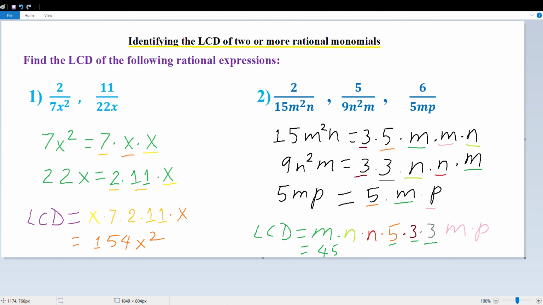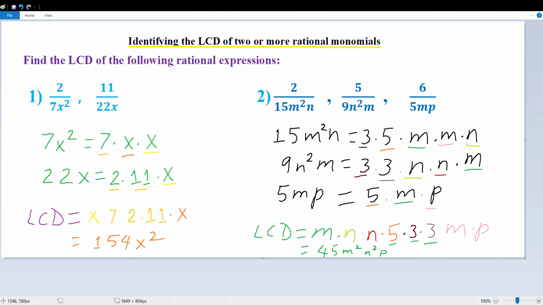Then we have 2 m's, so I'm gonna say m squared. We have 2 n's as well, so I'm gonna say n squared. And then we have 1 p, so I'm gonna say p. That's 45 times m squared times n squared times p is the least common denominator for the given three monomials in the second problem.